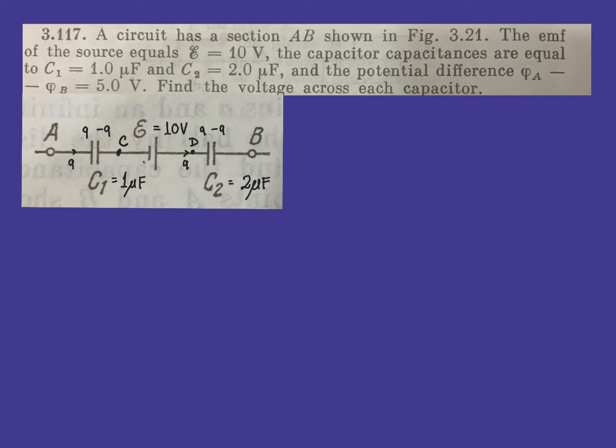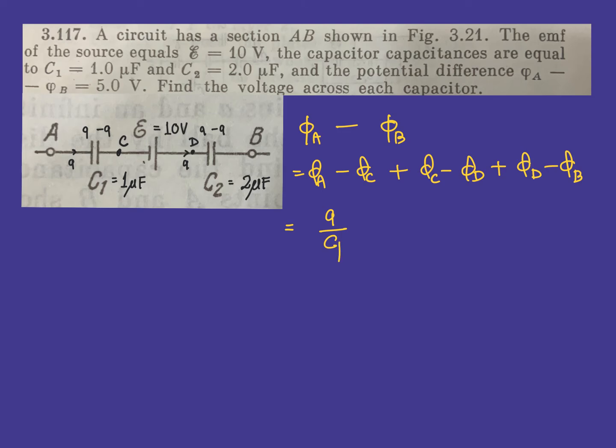So now we can write phi A minus phi B is equal to phi A minus phi C plus phi C minus phi D plus phi D minus phi B. Now phi A minus phi C is what? Q by C1.